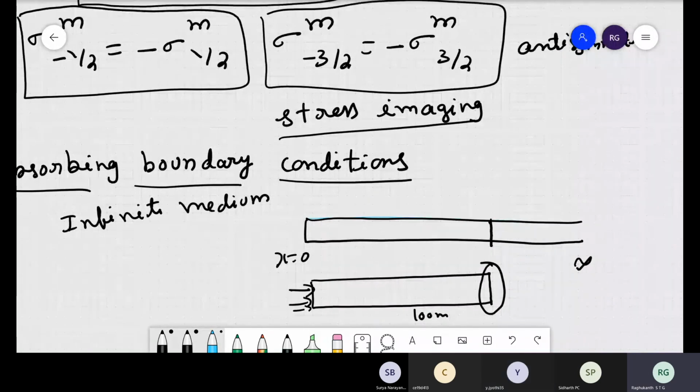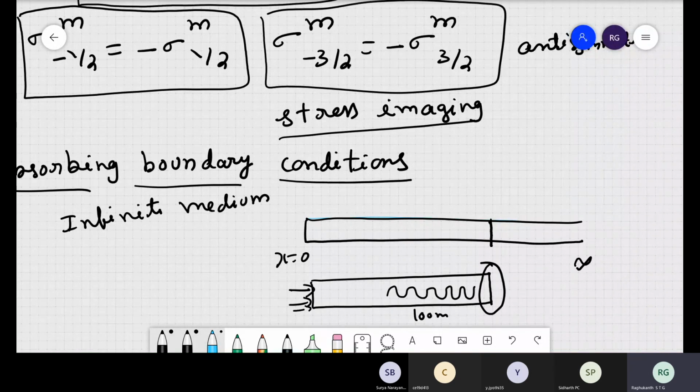It is infinity. Now, when your plane wave is going like this and hits this boundary, what happens? You have restricted it, so it reflects back. Whenever you have a boundary and the wave hits it, some portion gets reflected back.